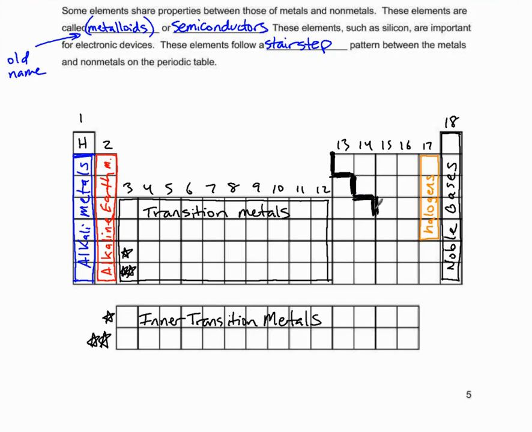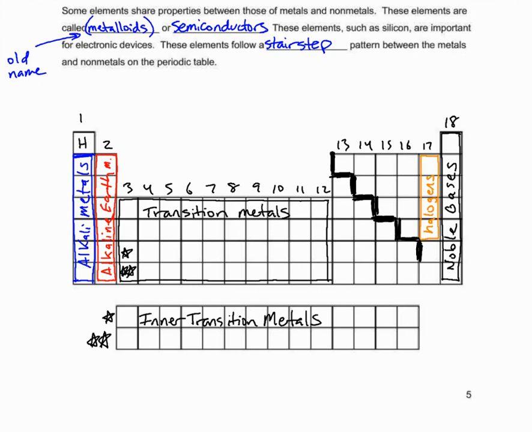And it goes down, over. And we're going to go until we'll stop here. So this is the stair-step pattern, and the elements that border on it are the semiconductors.